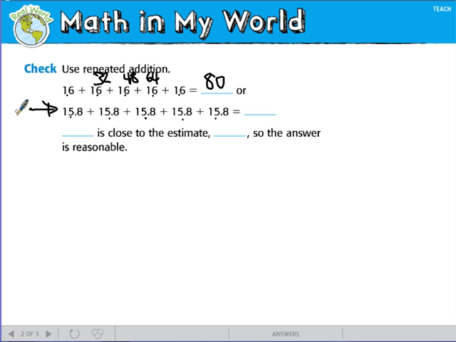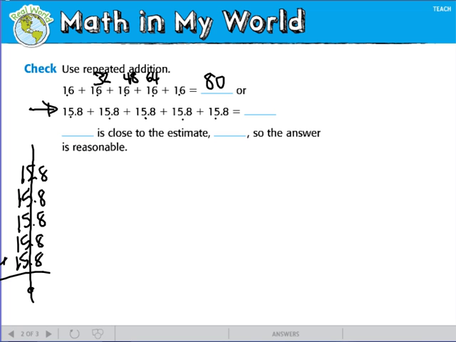All right, so we have 15 and 8/10 together 5 different times. We're adding that together.